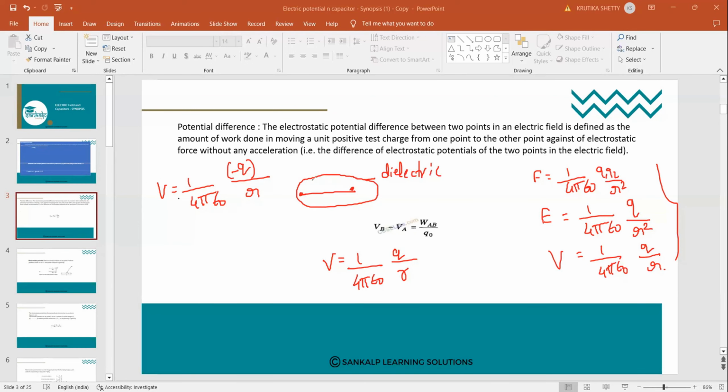So if the two charges are not in air but in a dielectric medium, then the electric potential due to the medium is equal to the potential due to air upon k, where k is called the dielectric constant. Yes. So note down this also, the relation between the potential due to the medium, due to air and due to the dielectric medium.